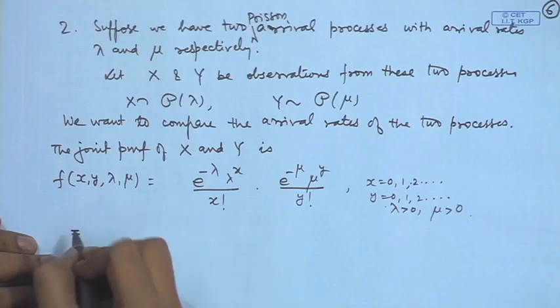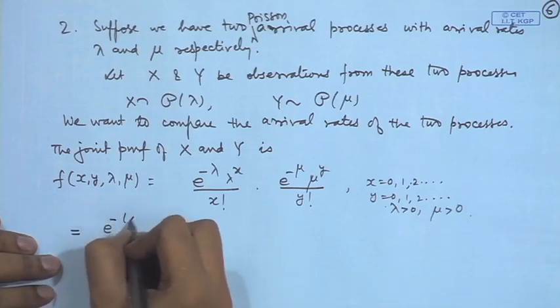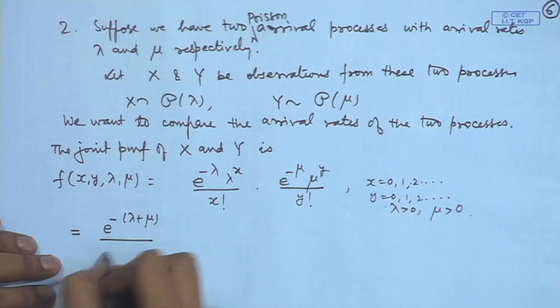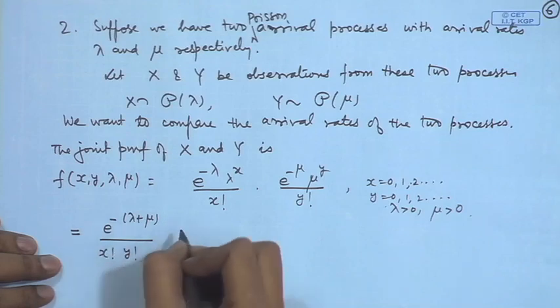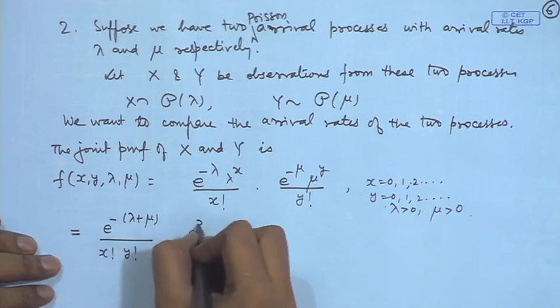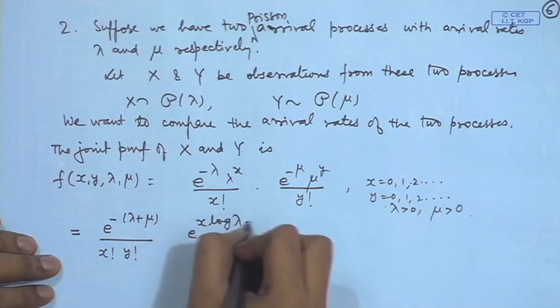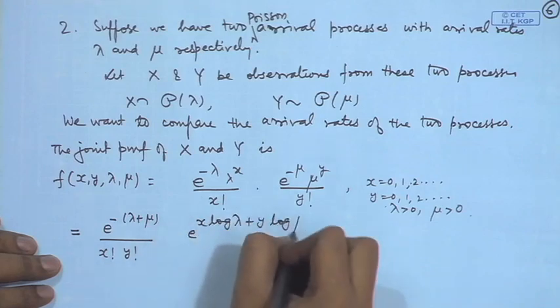So, this we write as e to the power minus (lambda plus mu) divided by x factorial y factorial, e to the power x log lambda plus y log mu.